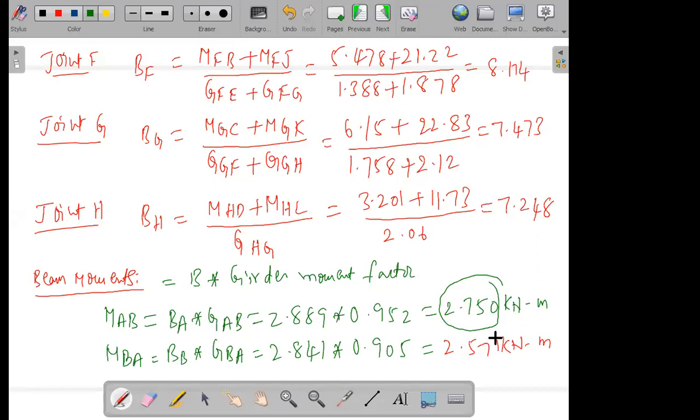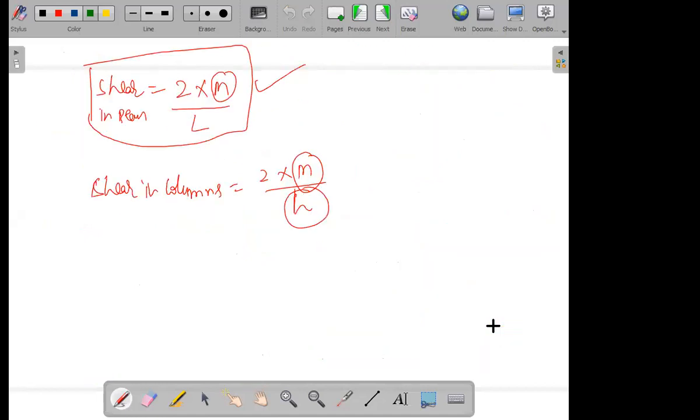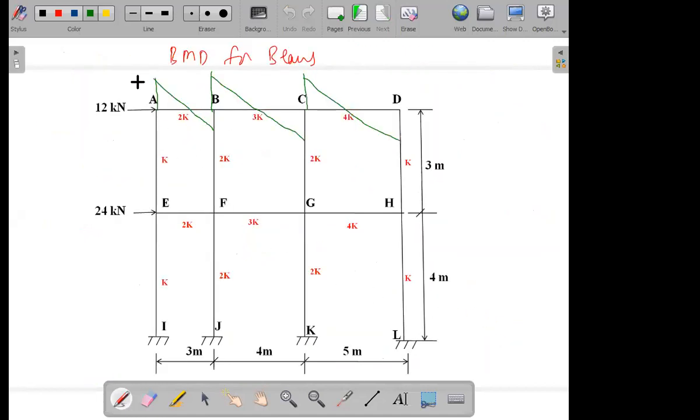And what is MBA? MBA is 2.57. So this is 2.75 and this is 2.57. You can mark those values appropriately here and join these two.